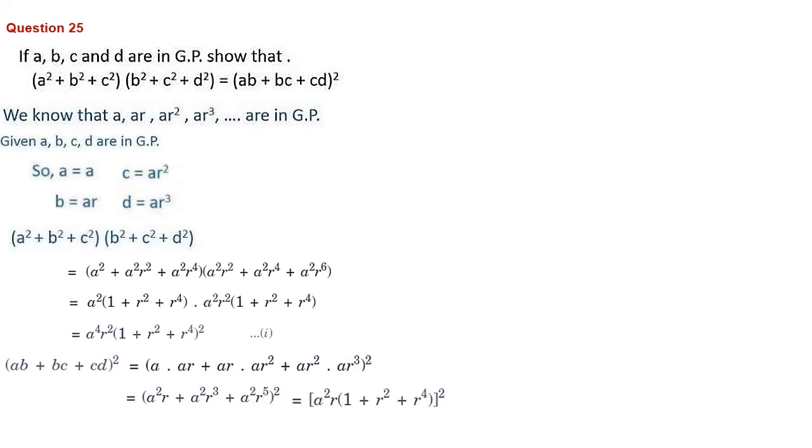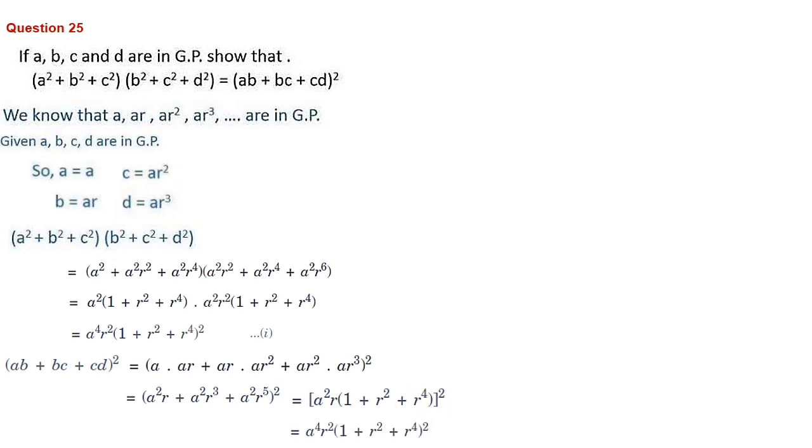Then in these three terms, when you check, a square r is common in each. Take out the common factor a square r. The first term, 1 remains. Here a square is out, r is outside, which means r square remains. Here a square is out, r is out, that means a square is completely gone, and r power 5 divided by r square, r going out, means r power 4 remains, the whole square.